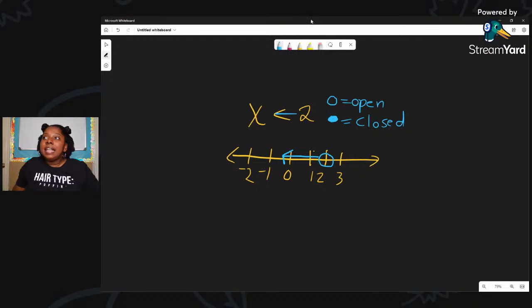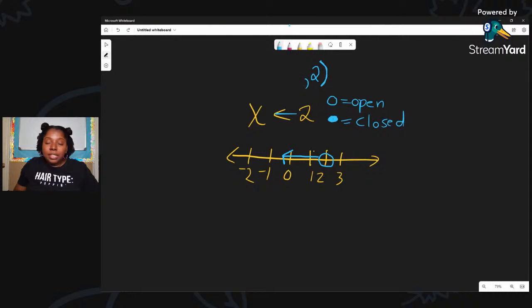So if x is less than 2 and 2 is not included, we put, because the highest it can be is 2, right? But if it's not included, we put a parentheses.